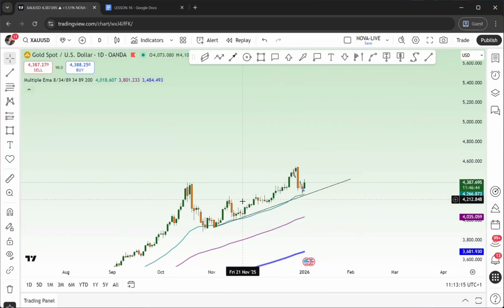But in this case, it has moved away. It still has distance between the lowest price of the candle and the trend line. Okay, so in this case, I believe that gold in 2026 is going to keep its bullish momentum, in this year. All right.